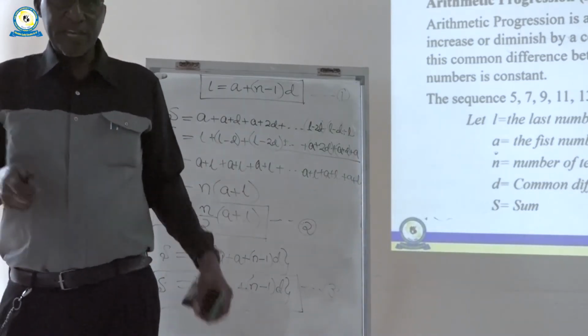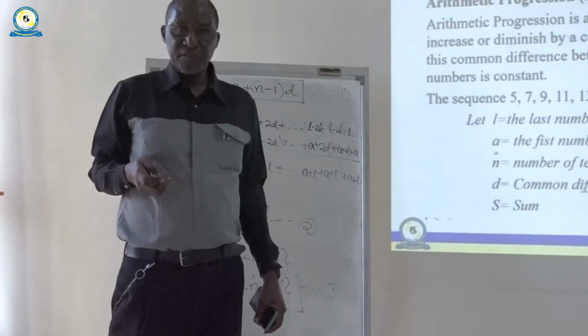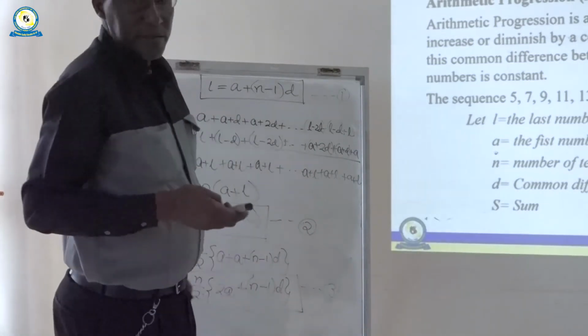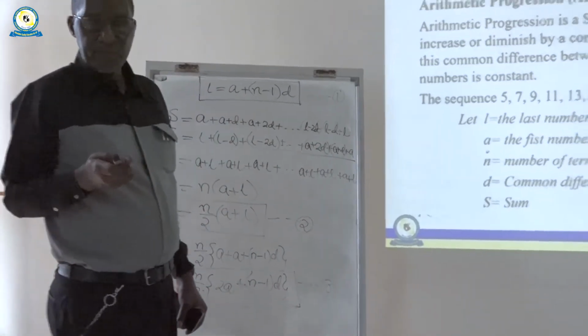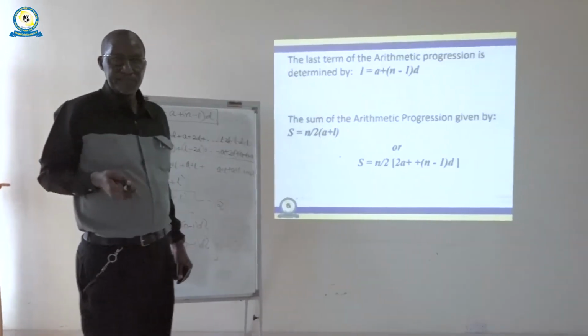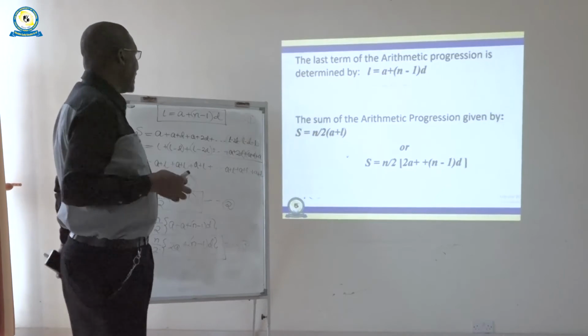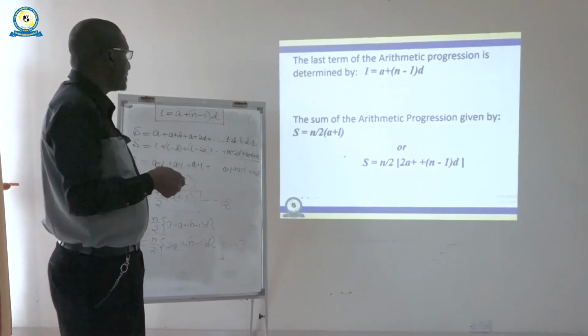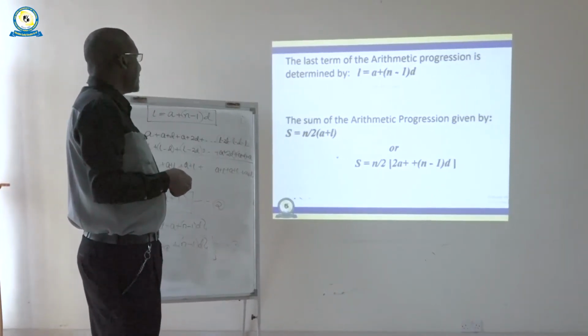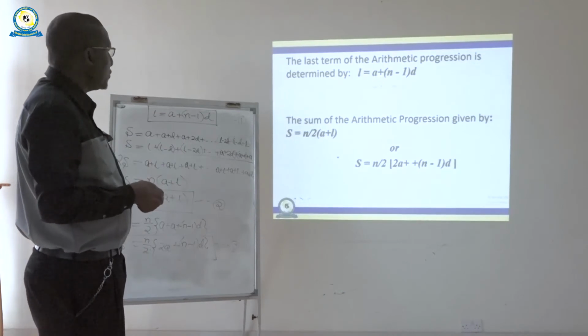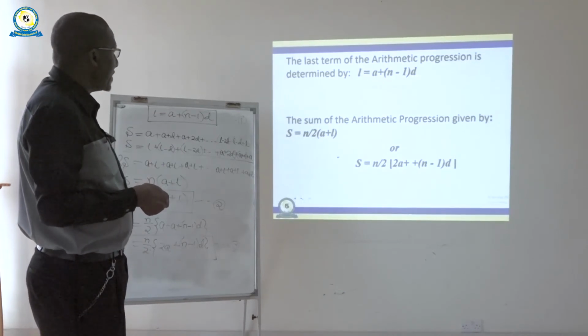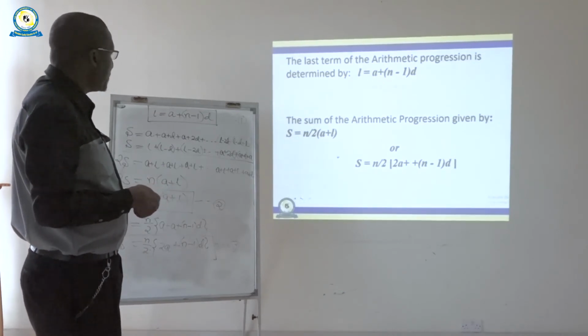So in general, we are going to use 3 formulas for arithmetic progression. The formulas are as indicated. The first one is L equals A plus n minus 1 times D, as we have proved.